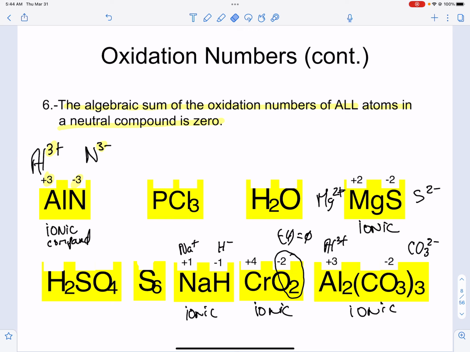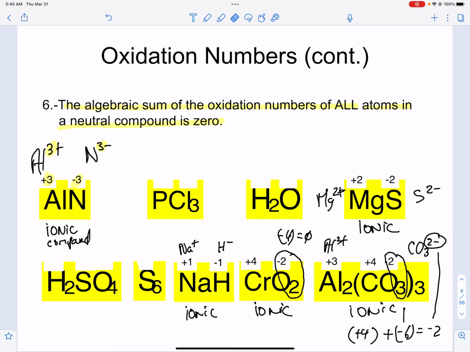And there are 3 oxygens. So therefore, this is going to be -6. All combined have to give me my charge. So -2. So my carbon will have to be +4.